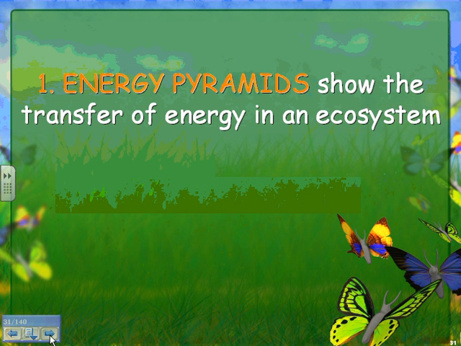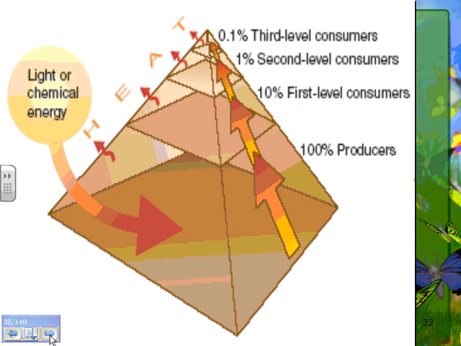Energy pyramids show the transfer of energy in an ecosystem. If you look at this pyramid, you've got mostly producers here. Let's start by looking at the energy that the producers get, and we're just going to call that 100%. They're not really getting 100% of the light that shines on the planet, but let's start off calling them 100%. I talked about before 90% of that energy going away as heat or as whatever.